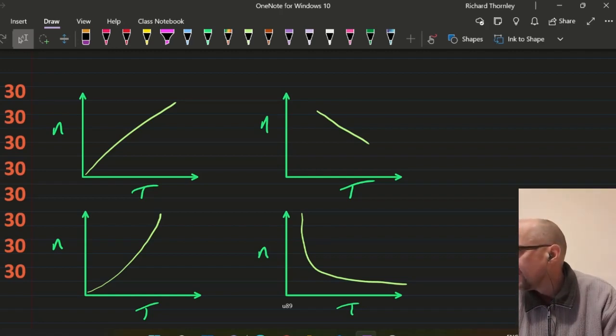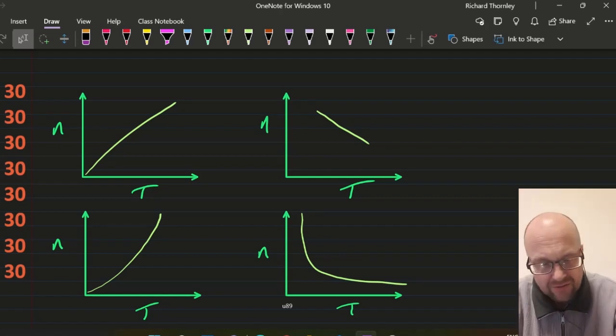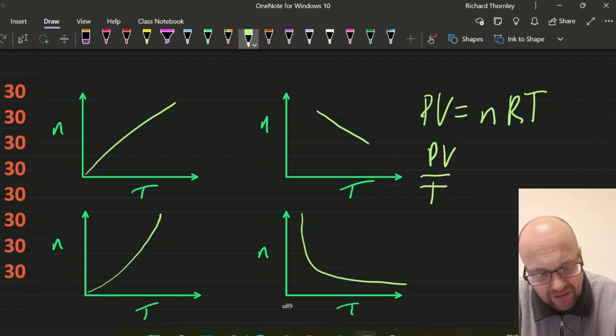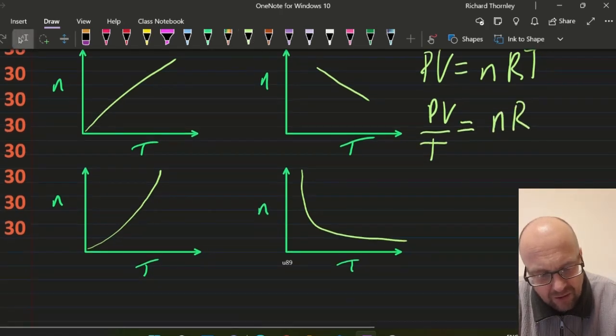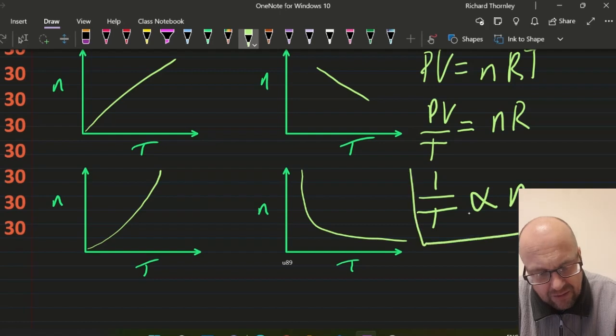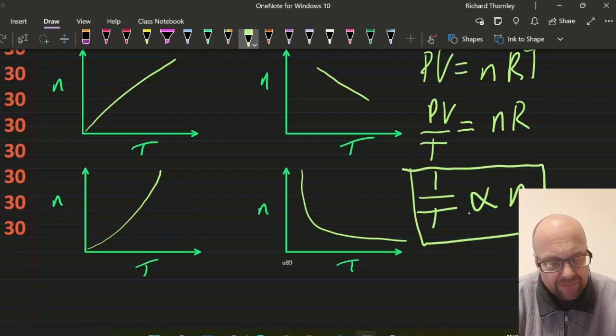Which of these represents n and T in an ideal gas? PV equals nRT. Okay, focus on me for the 30. PV equals nRT. So I want n and T. So PV over T equals nR, which gives me 1 over T is proportional to n. All right then. Don't mess it up.